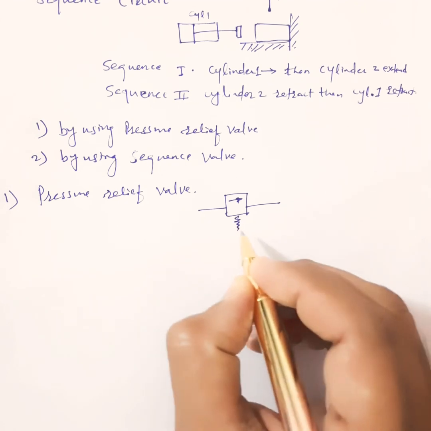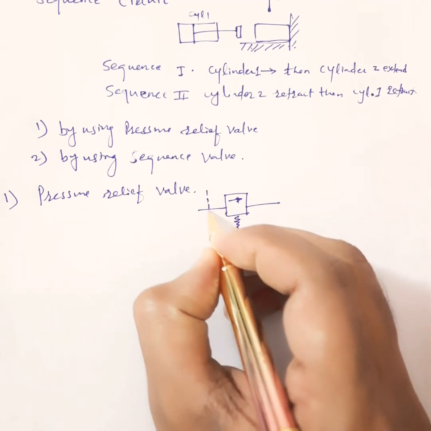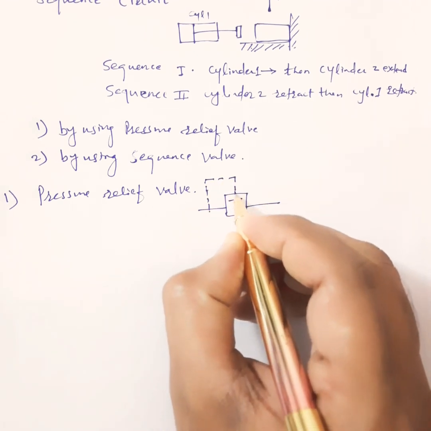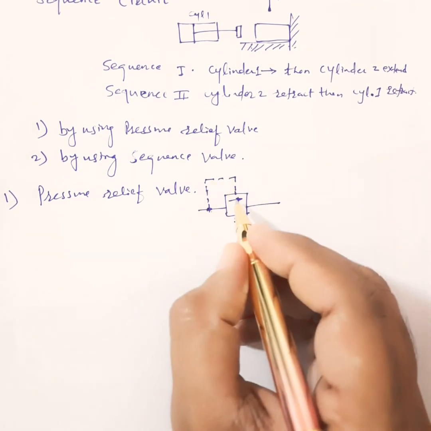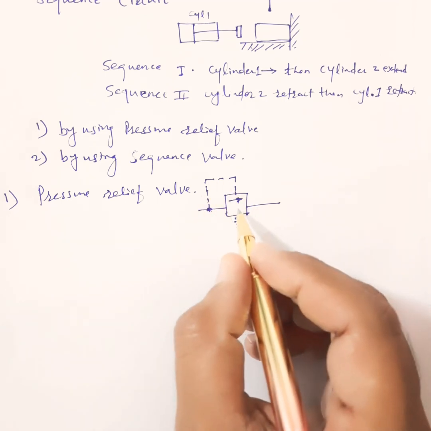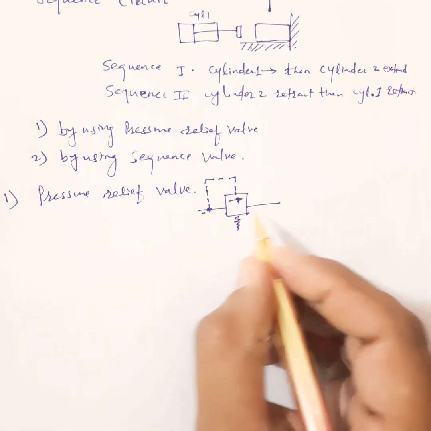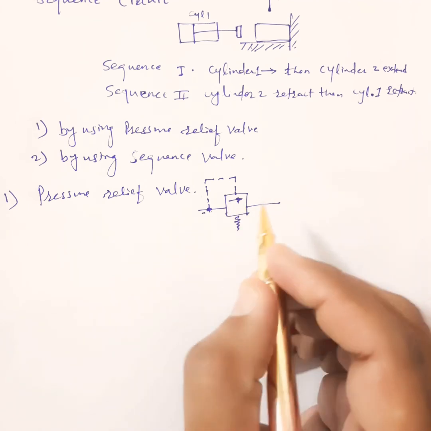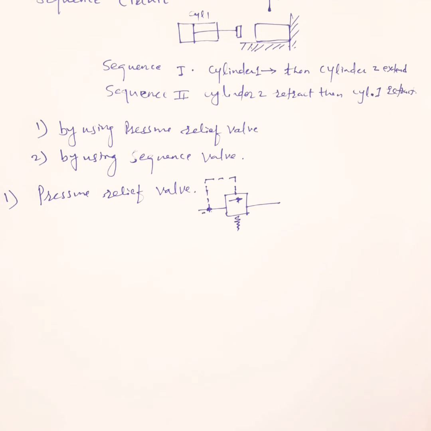A spring should be there, and your pilot signal should come from the inlet line. When the pressure in this inlet line increases, it will open and supply the fluid from inlet to outlet, otherwise it is normally closed. So this is your sequence valve.